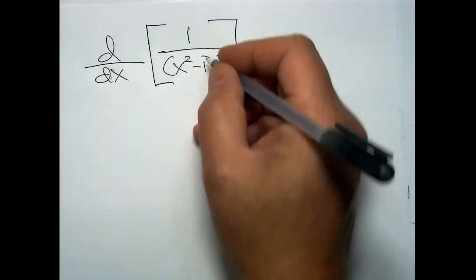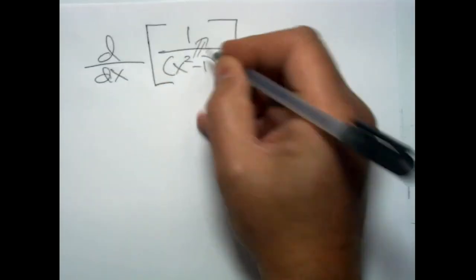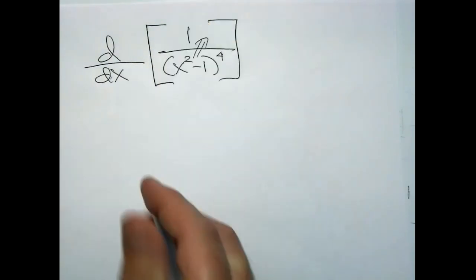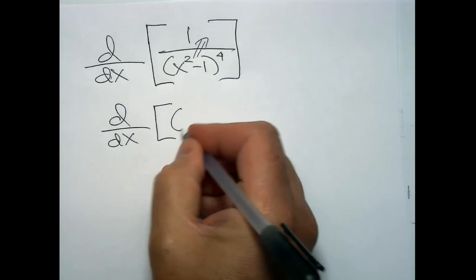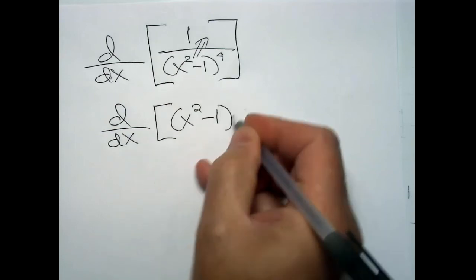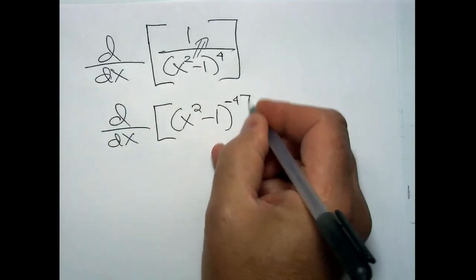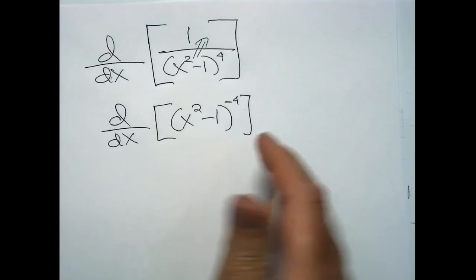Quotient rule is f prime g minus f g prime all over g squared. That's going to work for this problem, but it's overkill. Here's why it's overkill. Can't I just bring this to the top? If there's a constant up there like that, I think we can just bring it up. And if we bring it up, it's no longer really a quotient. Run your general power rule.